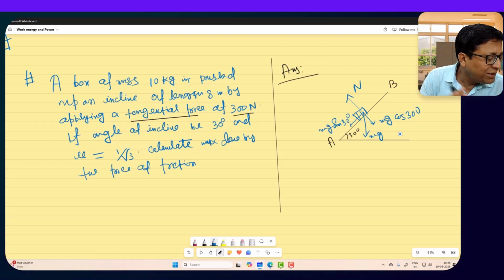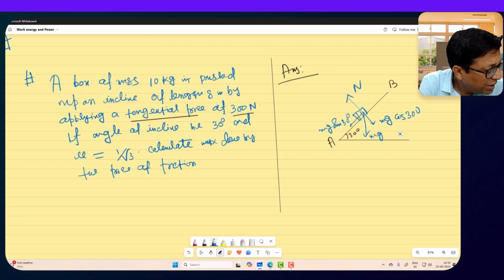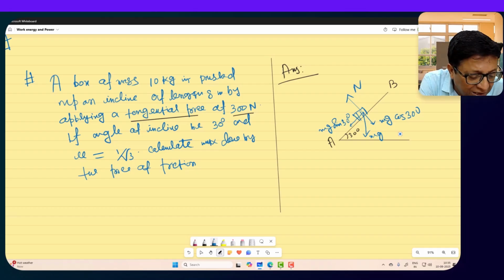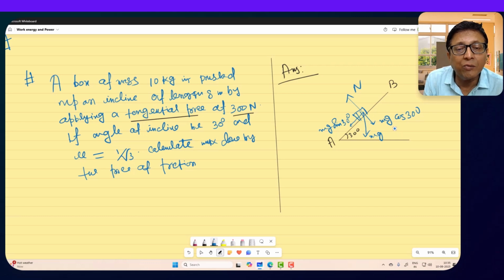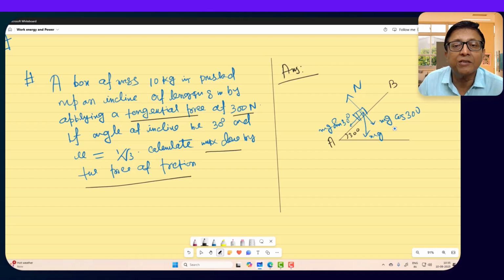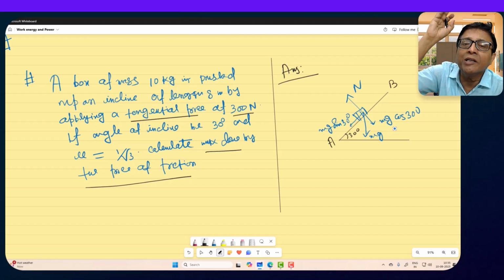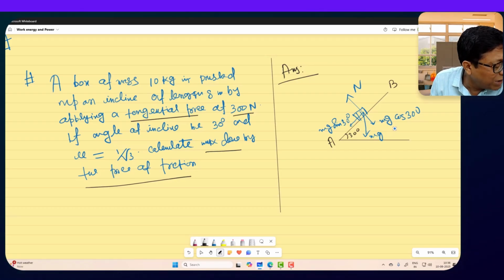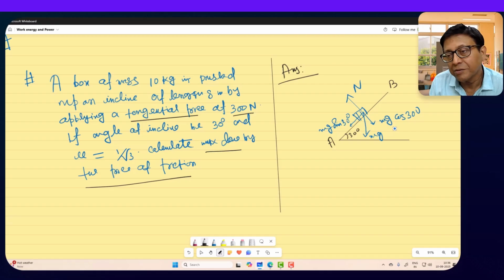Now, will this 300 Newton matter? You have applied the external force, 300 Newton, but it will not matter because you are going to calculate the work done by the force of friction. If work done by the applied force is required, you do it, no issue. But they have asked you to calculate work done by the force of friction.